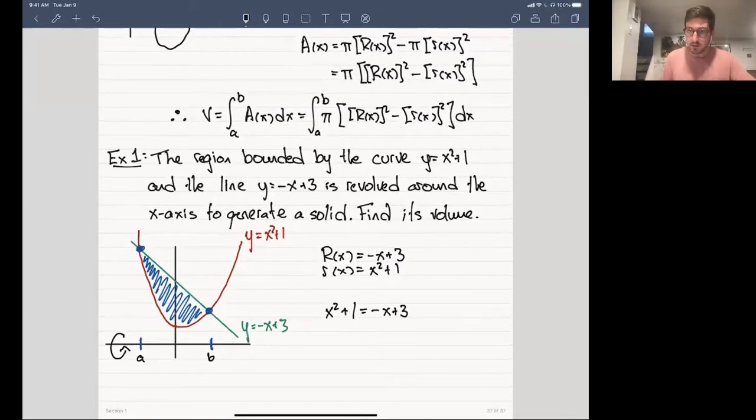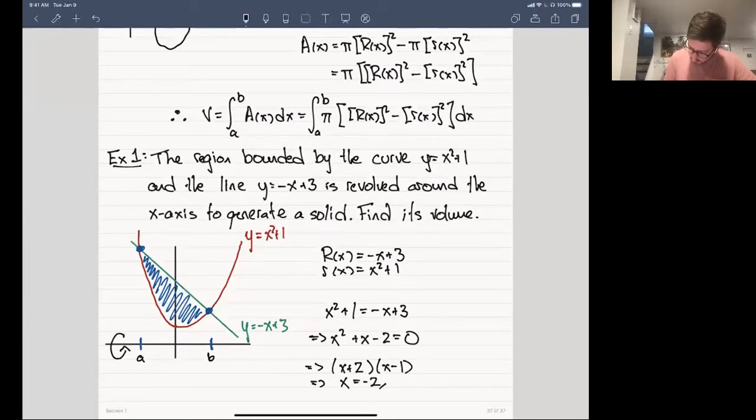We can rearrange this to give us a nice quadratic polynomial, which we are required to find the roots of. This can be factored into x plus 2 and x minus 1. And this gives us two solutions: x is equal to minus 2 and x is equal to plus 1. So that tells me that my A value is minus 2 and my B value is positive 1.